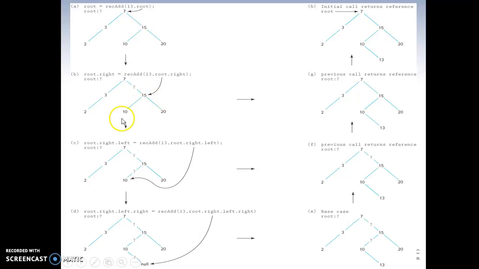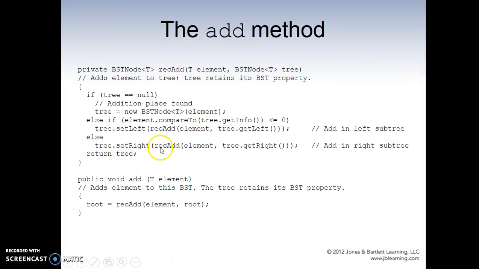Then we have to pass the left. And 10 compares to 13. Right, so we get to this point. Recursively, the key is 13, the tree's get left is 10. So it's called again.